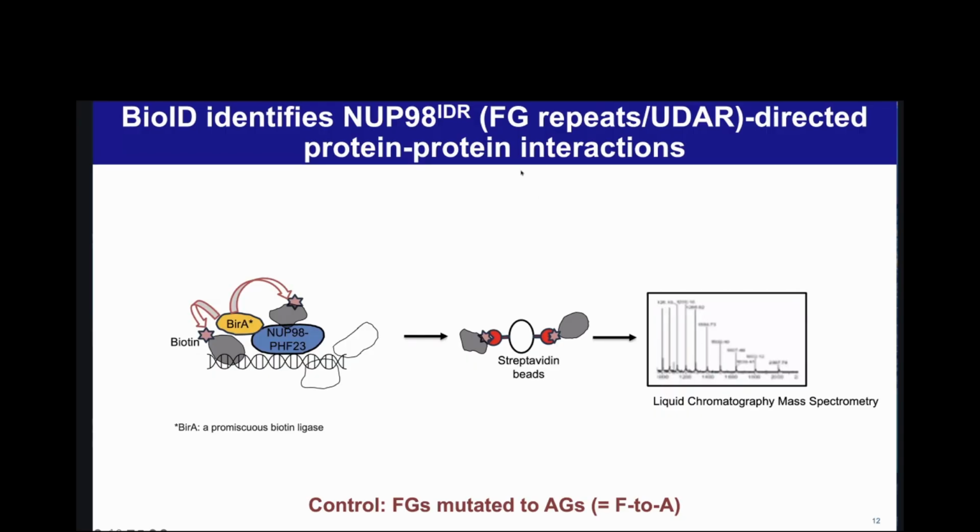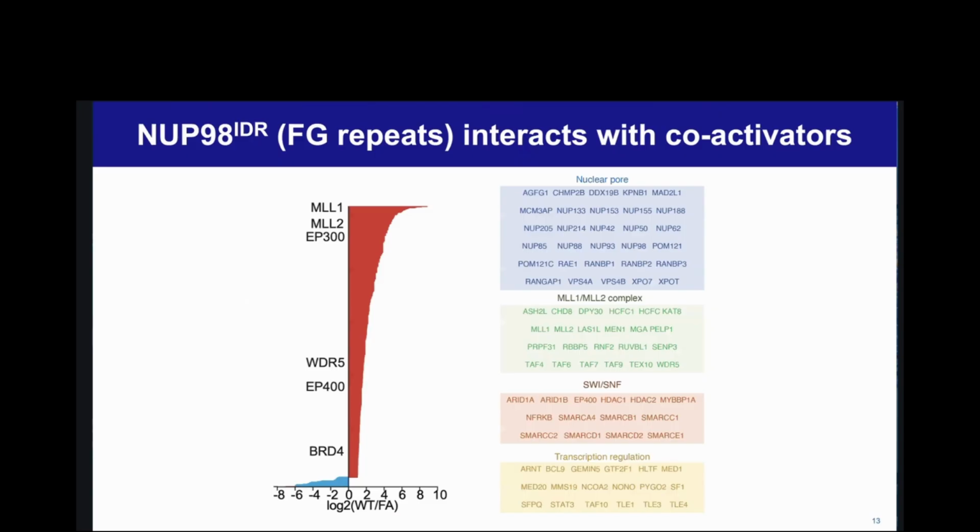And because we know the FG repeats, or the UDAR, uniformly distributed aromatic residues, are critical for condensation formation, we essentially included a mutant as a control where the FG repeats are mutated to alanine-glycines. And so we did this proteomic study, and the result was really both surprising and exciting.